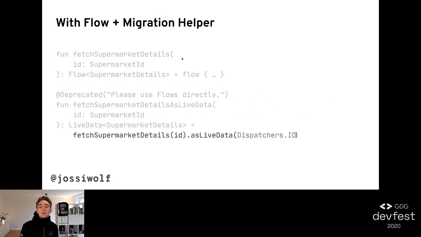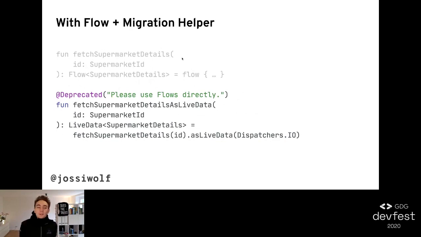So you can pass the execution context for this Flow Lambda builder to the asLiveData call. And so we just say again, all right, let's run this on the background thread. And that gives us the nice control that we wanted. We would also annotate those migration helpers as deprecated to say, all right, please don't use this anymore.